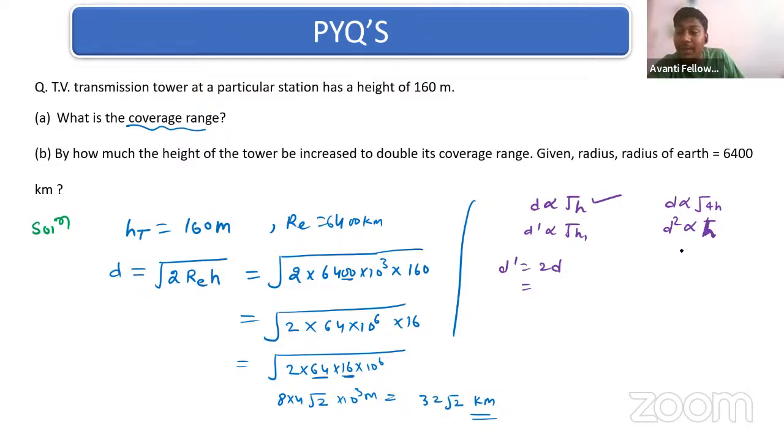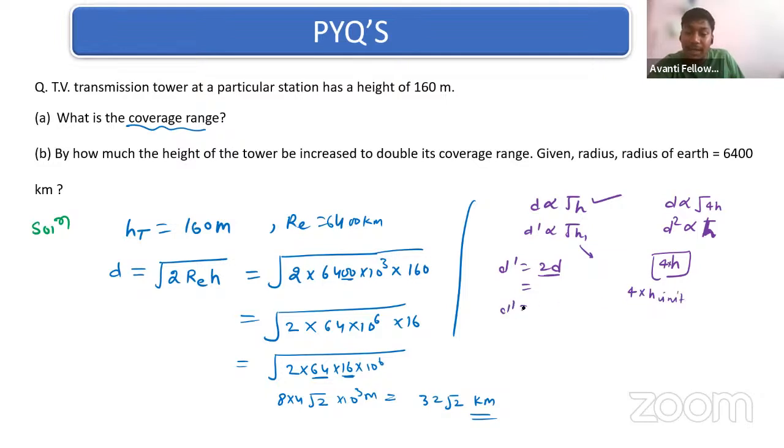If I want twice of d, then I need to change the height by a multiple of 4. To get the range as twice of d, I need to change the height of the antenna to 4 times the initial height.